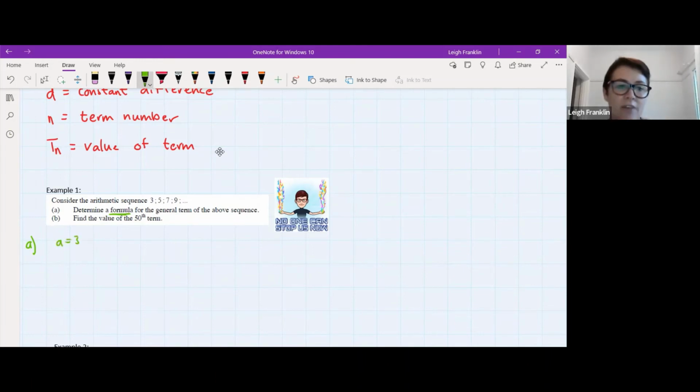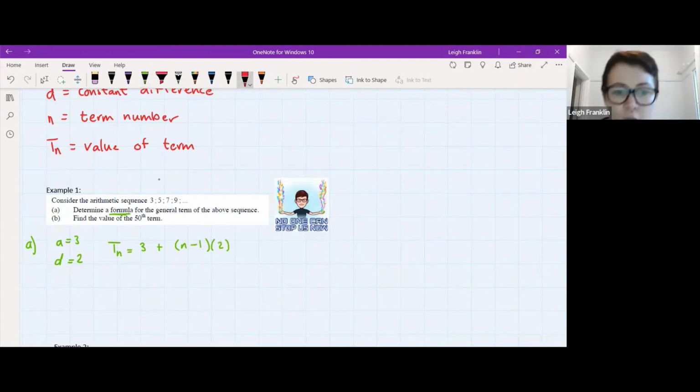And if you say 5 minus 3 or 7 minus 5 or 9 minus 7, that means that the difference is? It's 2. Excellent. Okay, so your nth term is going to be Tn equals A plus n minus 1 times D. Okay, perfect.